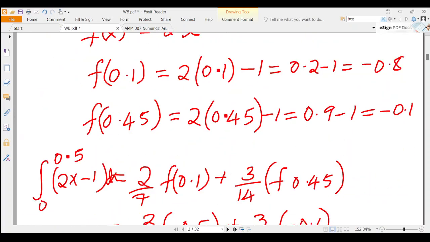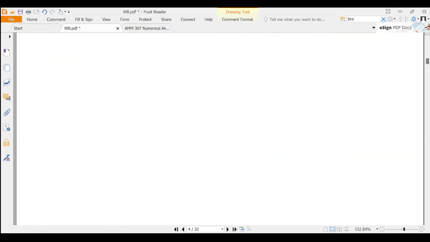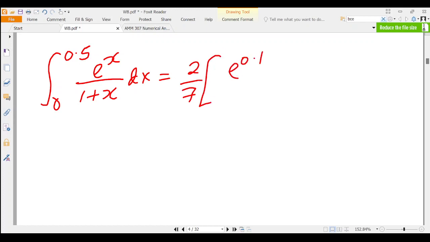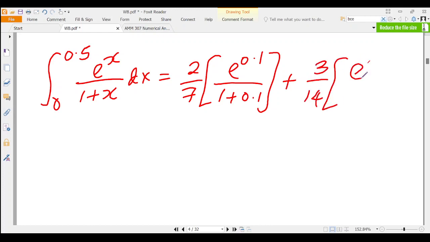So we can write the integral from 0 to 0.5 of e raised to power x divided by 1 plus x dx is equal to 2 over 7 times e raised to power 0.1 divided by 1 plus 0.1, then plus 3 over 14 times e raised to power 0.45 divided by 1 plus 0.45.